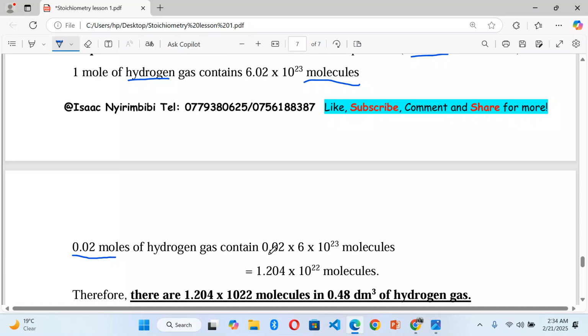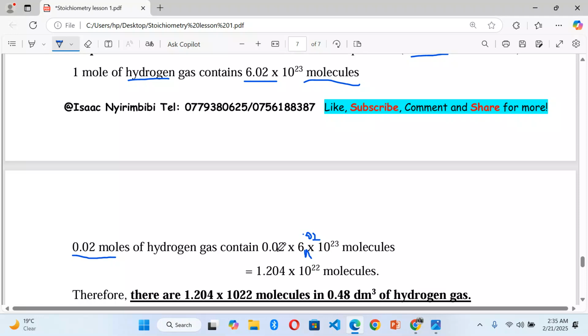It will be 0.02 times 6.02 times 10 to the power 23 molecules.